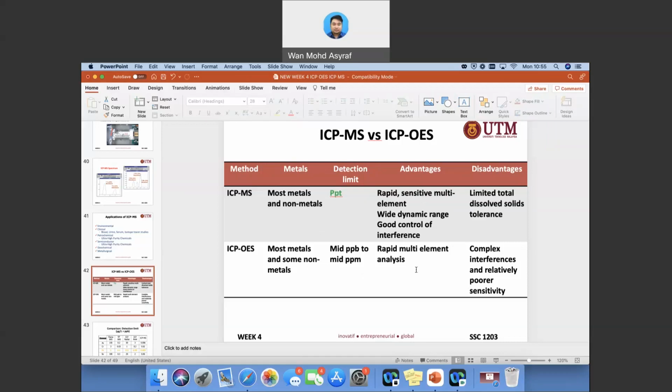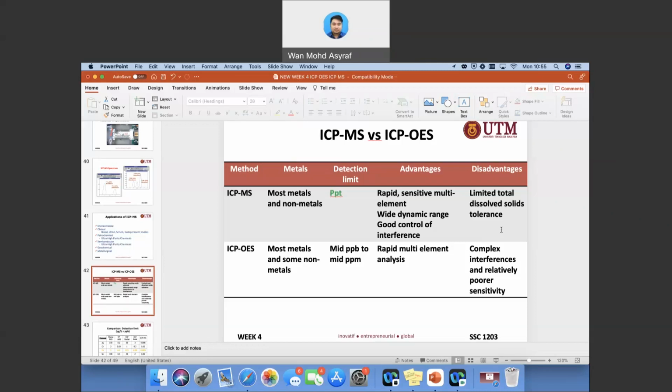Okay, so a disadvantage of ICP-MS is that it has limited total dissolved solids tolerance. Because ICP-MS works based on mass, you need to have a clean sample.